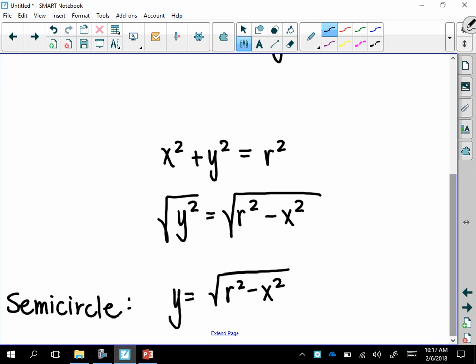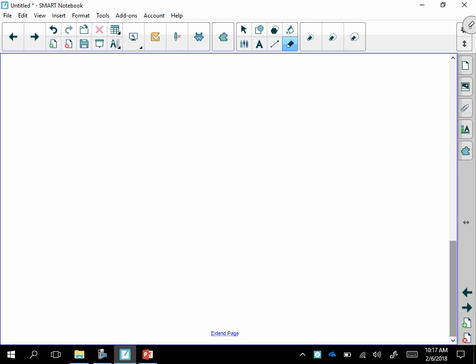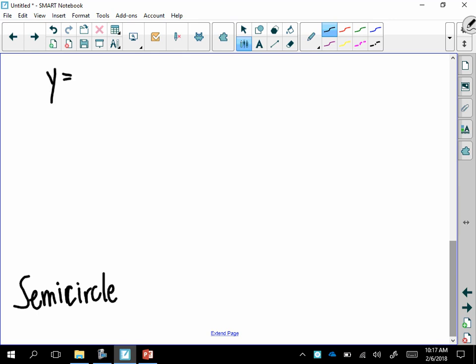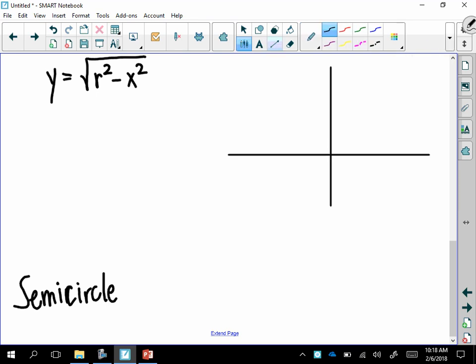So if you want to put this down on our flip book, where we have semicircle, the y equals the square root of r squared minus x squared. And let's draw its graph. Well, this is the generalized form, square root of r squared minus x squared.